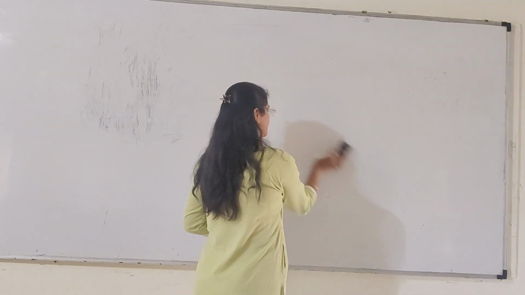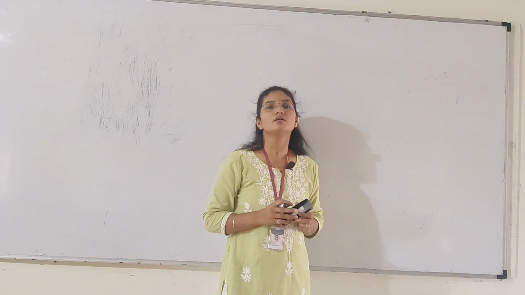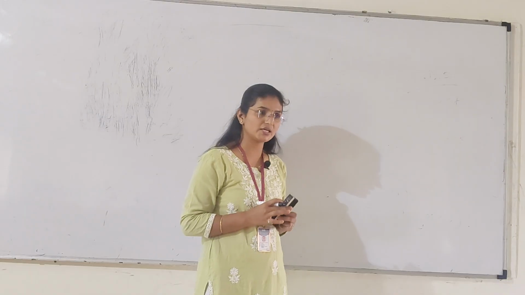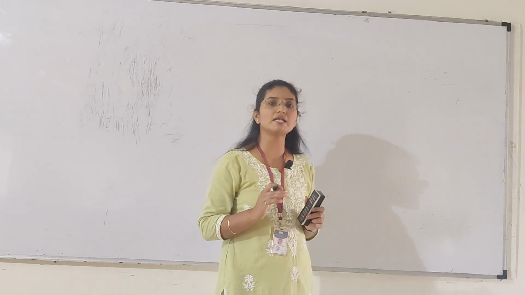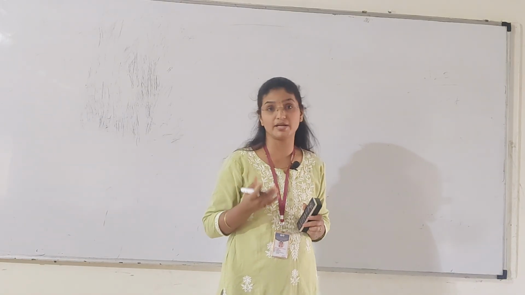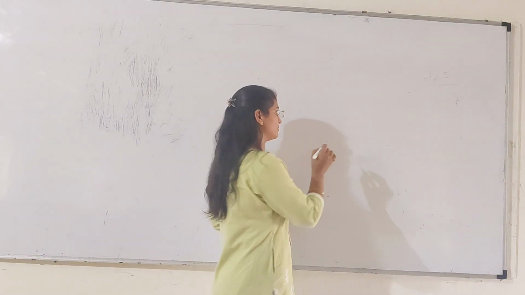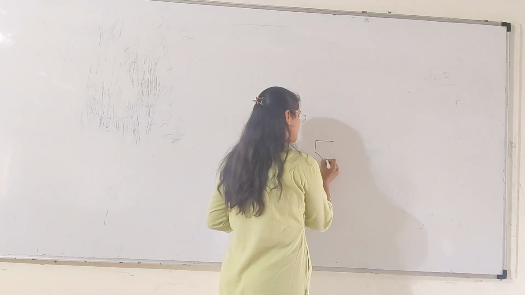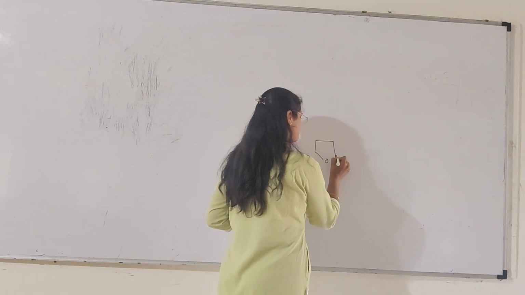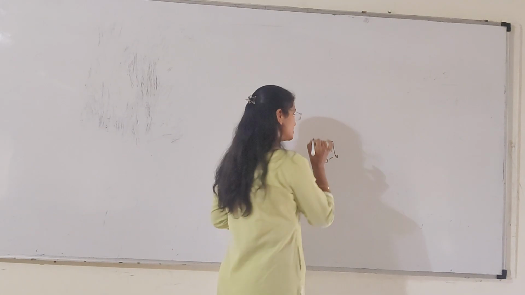Then the fourth rule for the numbering of heterocyclic compounds is, if your compound contains more than one heteroatom, how is the numbering given to that particular compound? See, this is oxazole.